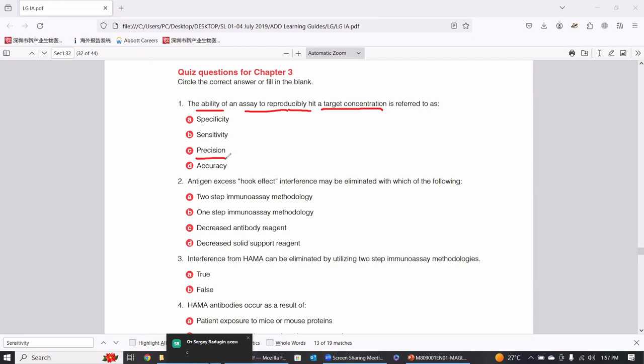Good, excellent. The precision, it's the reproducibility. They are talking about the reproducibility to hit a target concentration. Another: the interference from HAMA can be eliminated by utilizing a two-step immunoassay. Yes, it can be related.